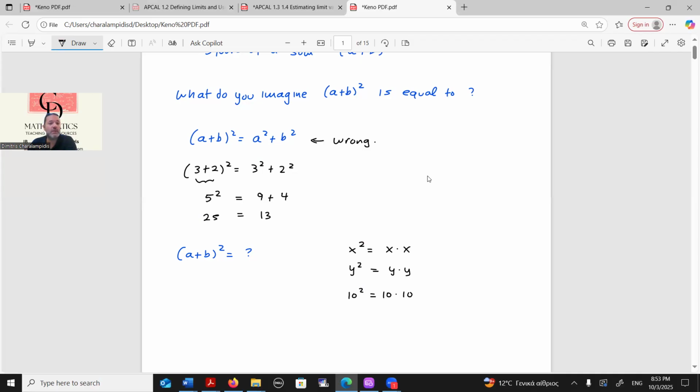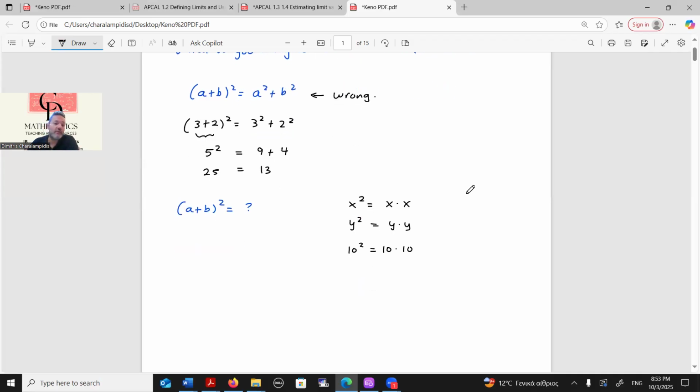Math is about symbols. So if x squared is equal to x times x, then I guess that this box squared should be equal to box times box. This heart squared should also be equal to heart times heart.